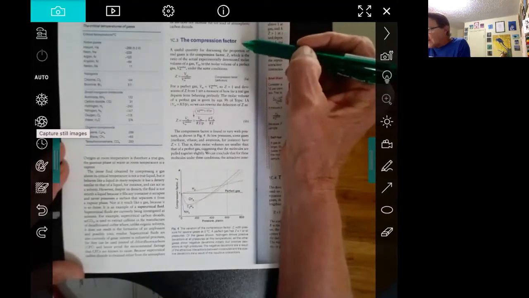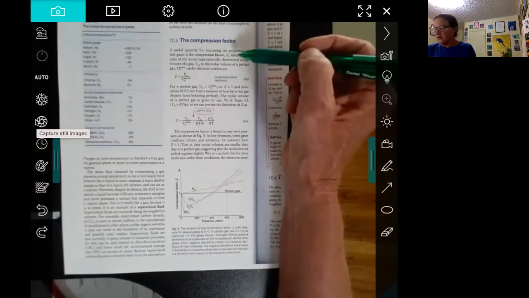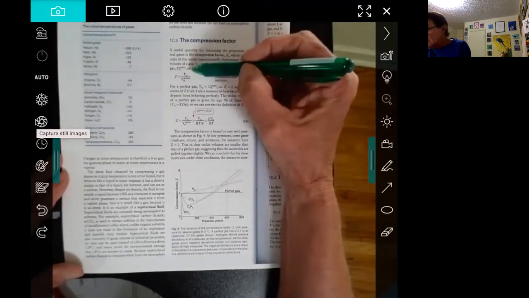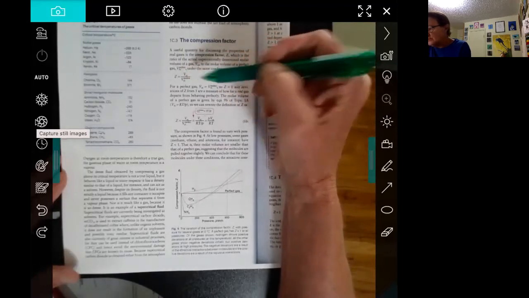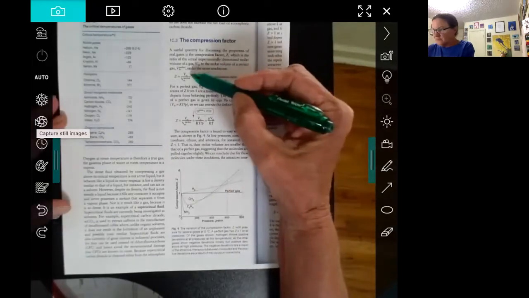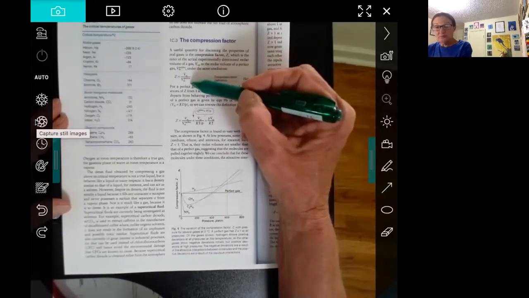So oftentimes this compression factor is used as a measure of how perfect a gas is. The compression factor Z is the molar volume that you measure compared to the perfect gas molar volume at those conditions of temperature and pressure. So if this was 1, you'd have a perfect gas because the molar volume would be what you'd predict from a perfect gas.